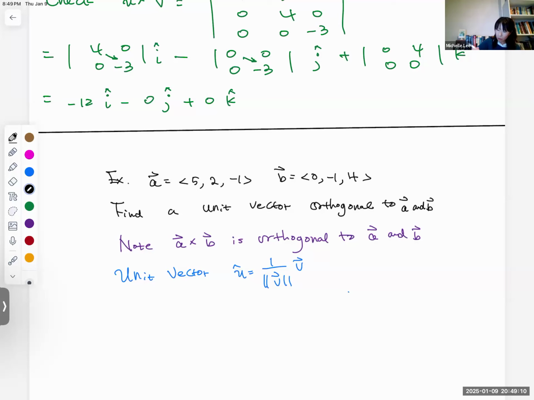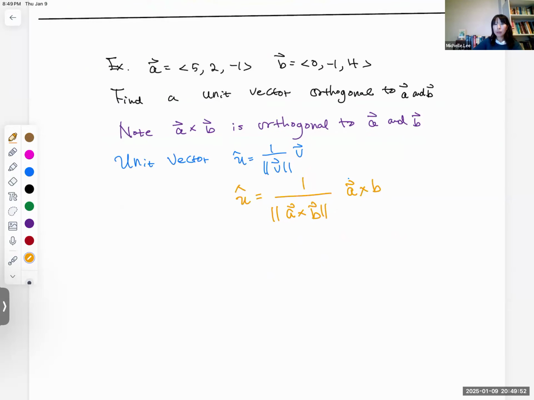We want the unit vector orthogonal to that, so we use the magnitude of A cross B and A cross B. Make sense? Okay, let's do it.